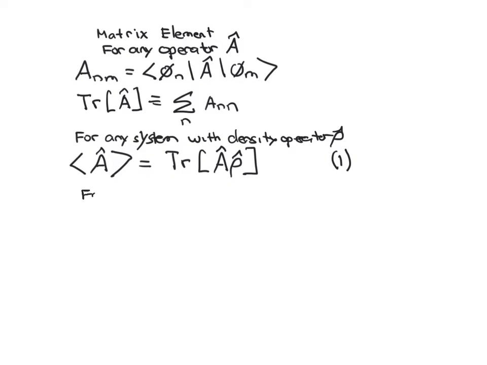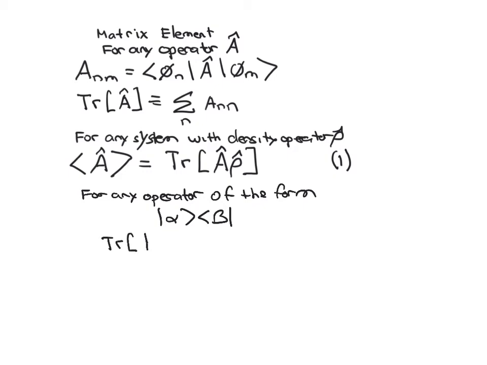And then a second important result, which again is kind of abstract, but it's easy to write down, is that for any operator that can be expressed in the form of a ket alpha and a bra beta, if you go to calculate the trace of that operator, the trace of |alpha><beta|, you can show it is just the inner product of beta with alpha.